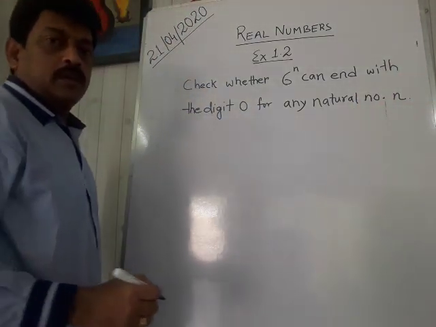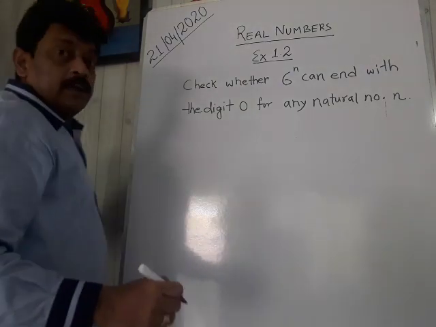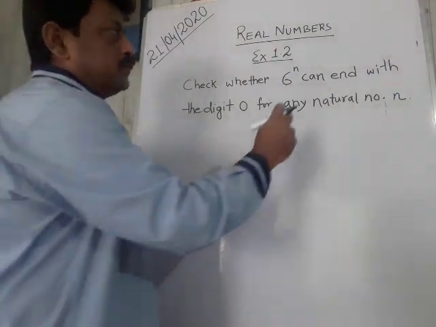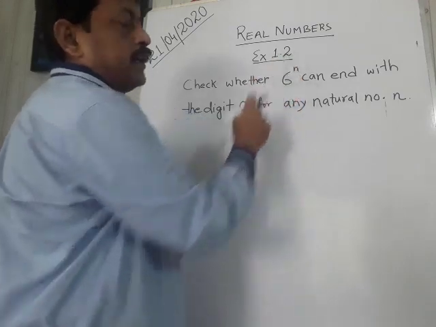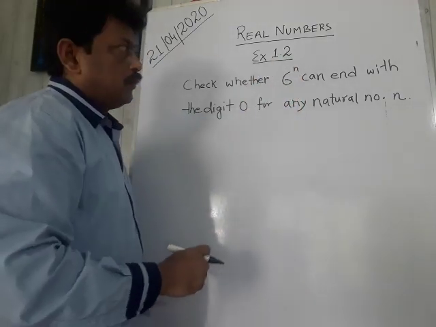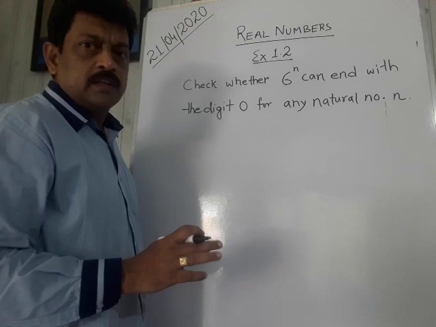We have to check whether 6 to the power n can end with the digit 0 if we take any value of n, any natural number.